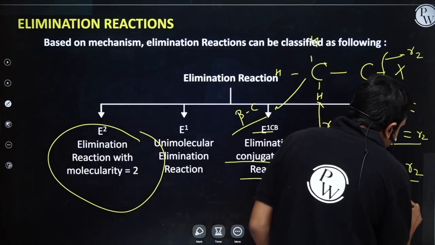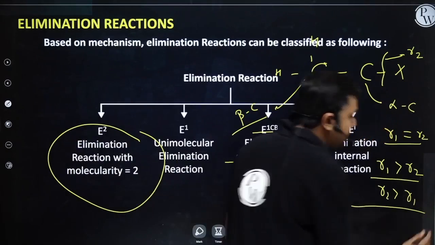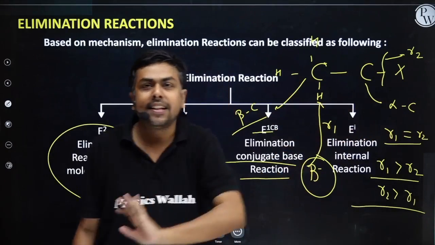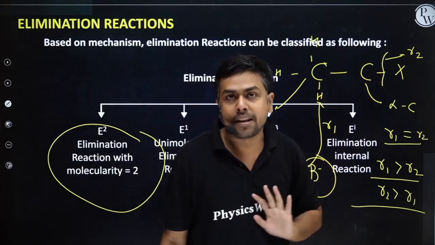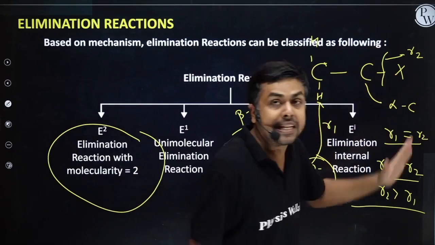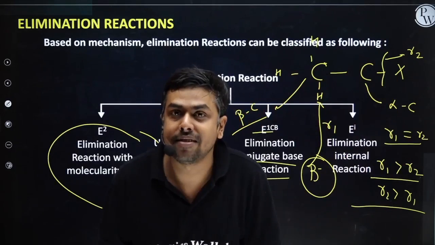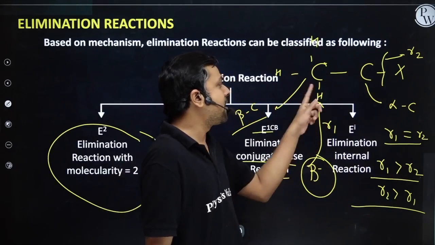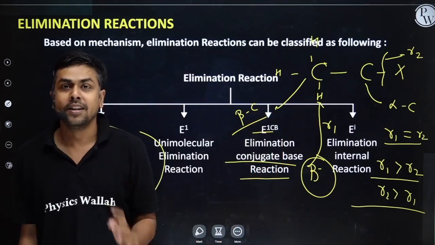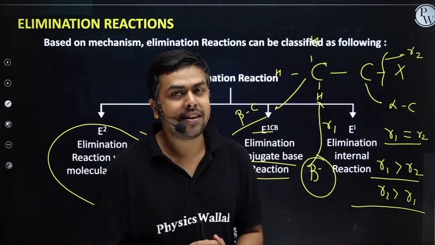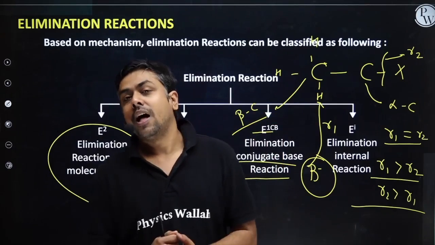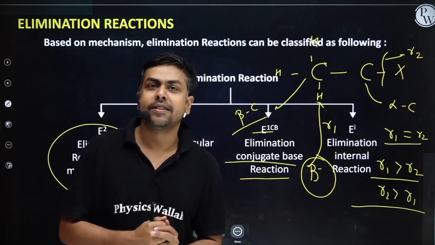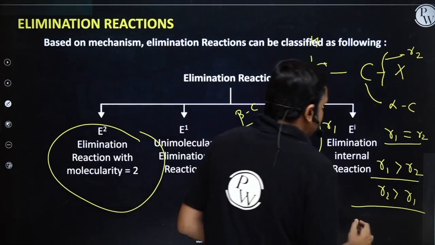R2 greater than R1 means first the departure of leaving group. If the CX bond of the alkyl halide will cleave first, then I will have the formation of carbocation, and then the departure of this beta hydrogen occurs. So first the carbocation is formed and then I am getting my alkene. In that case, the elimination is referred to as E1 elimination.